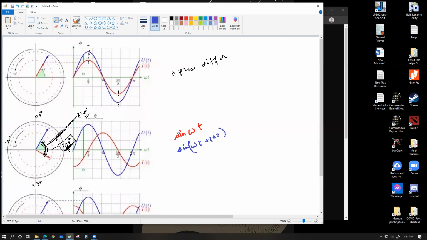That's the key difference in the expression of the two equations. Other way, if we wanted to write the blue one as sine omega t, then the red one should look like sine omega t minus 100. Both mean the same thing.